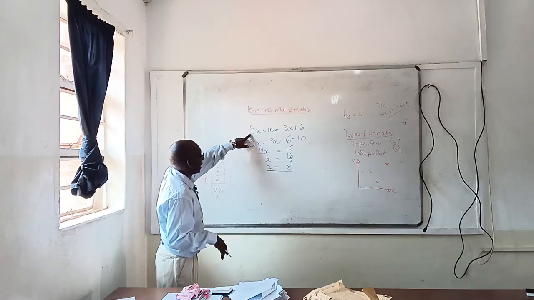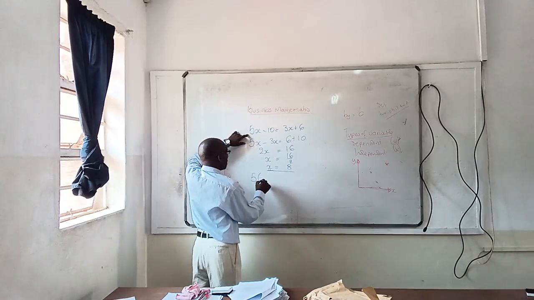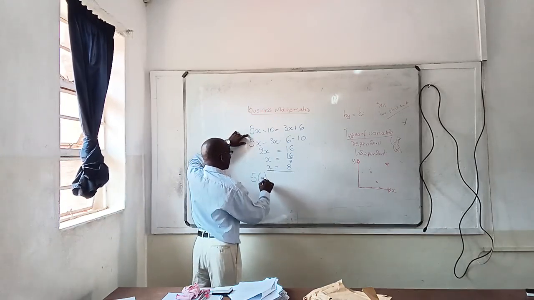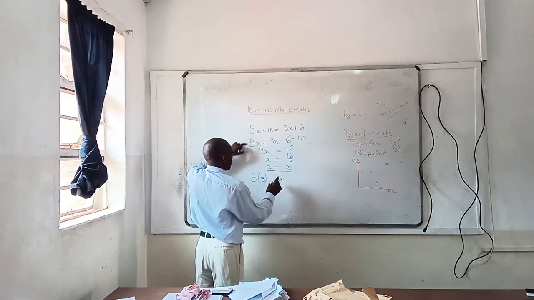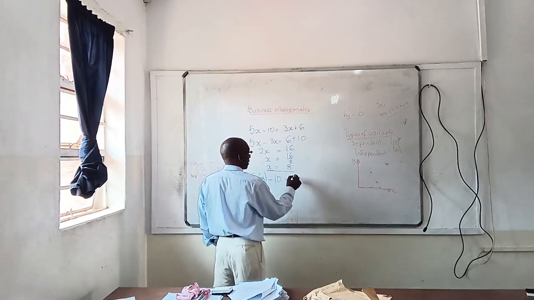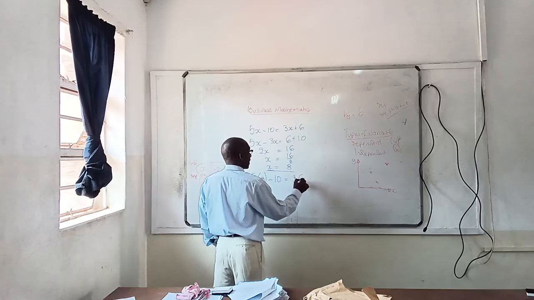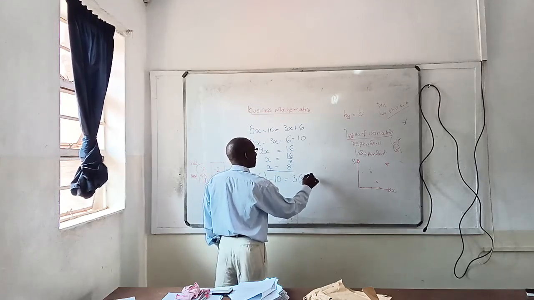Let's balance out. 5 times bracket 8 minus 10 is equal to 3 bracket 8 plus 6.